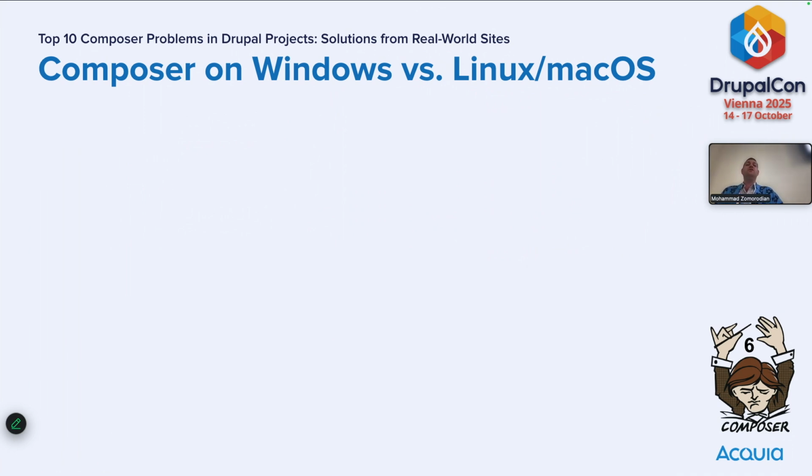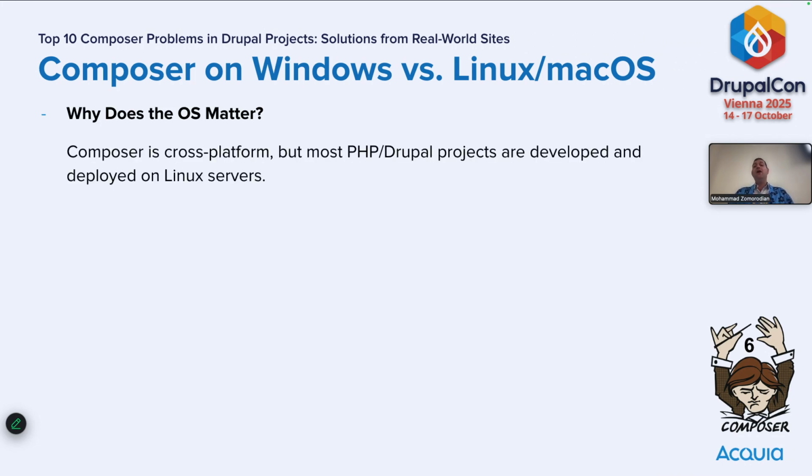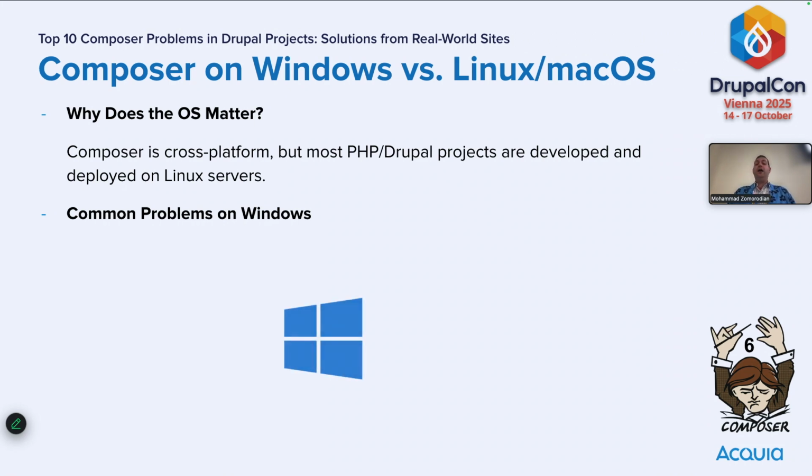Composer on Windows versus Linux and Mac is one of the hot topics. Why does it matter? Composer is cross-platform software, but most PHP and Drupal projects are developed and deployed on Linux. I have seen many common problems on Windows machines, like line ending problems and performance problems.